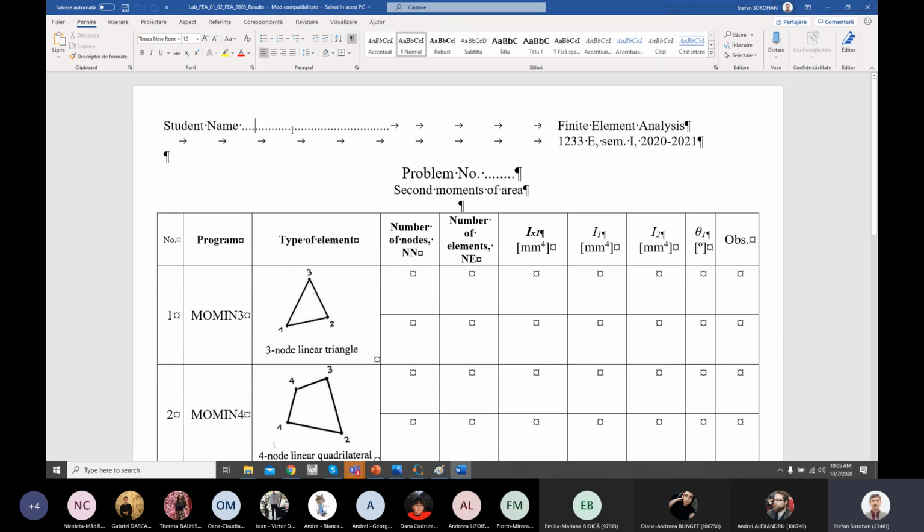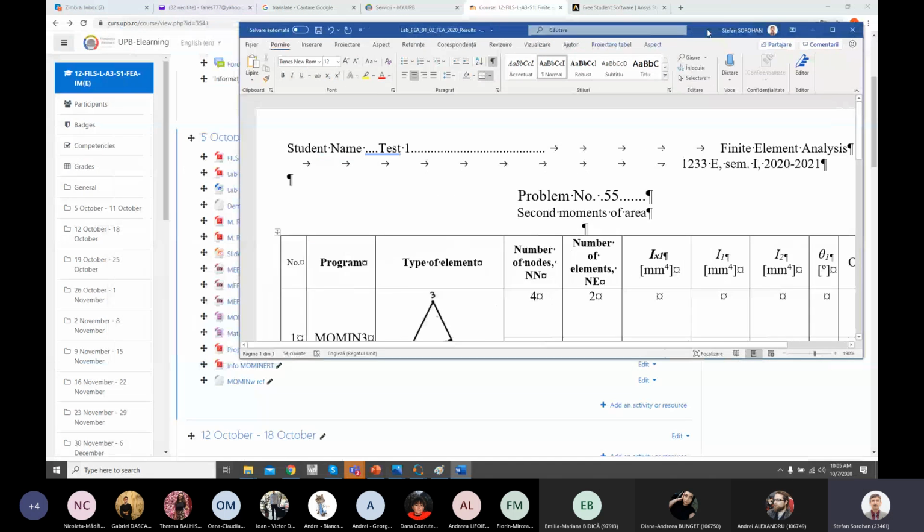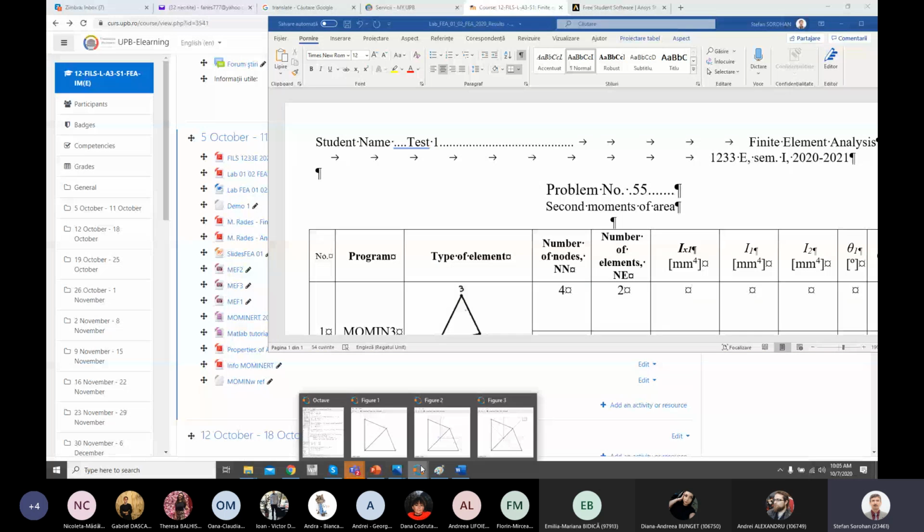Let's say the student is test 1. The problem number, let's say an arbitrary number. Total number of nodes was 4. Total number of elements was 2, and the results you can take from here.